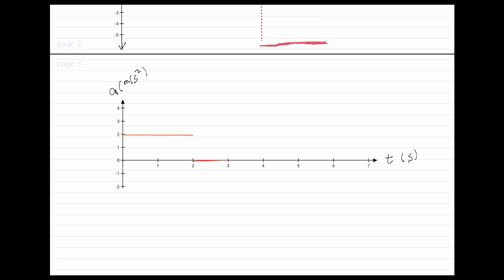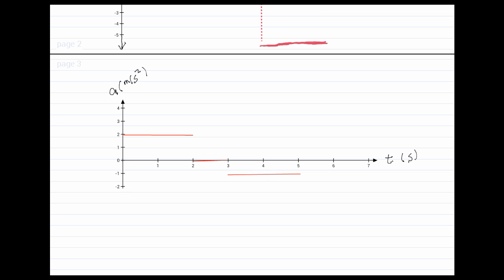Okay, and then from 3 to 4, we'll have, let's say, minus 1 for an acceleration. Actually, let's go all the way to 5. Make it a little more interesting. Okay, so there's our acceleration versus time graph.